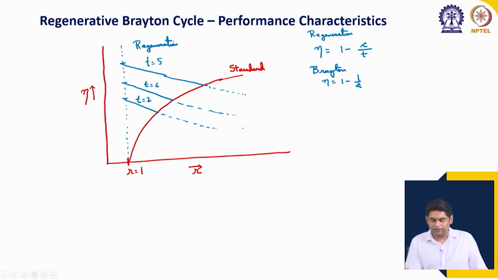Okay. Second is what are the limiting values. Now, the limiting values at r equal to 1 are not 0, but we get maximum efficiency. What are these maximum efficiencies, limiting value efficiencies, and what is the crossover point? Okay. What is the crossover point where the efficiency decreases below the standard Brayton cycle efficiency.